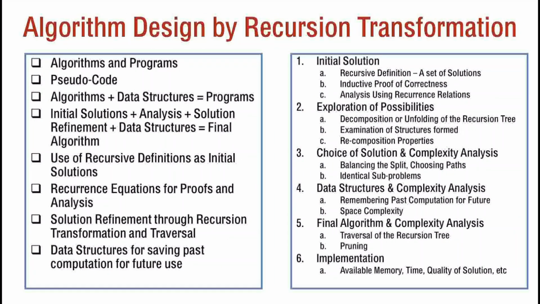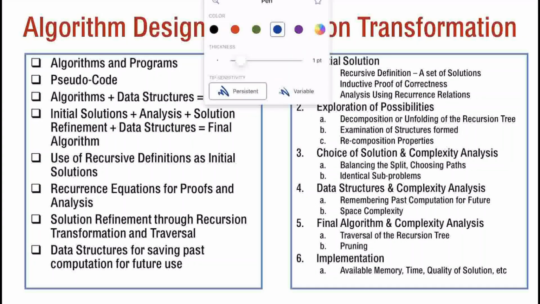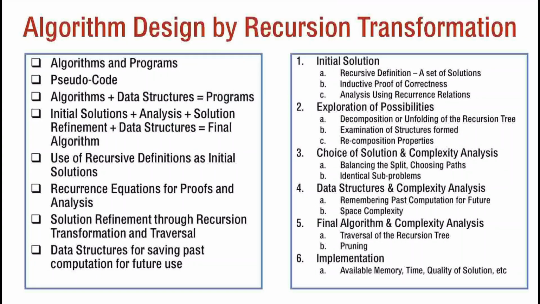In our algorithm approach of these 6 steps on the right side, we have the initial solution as a recursive definition, then we explored the possibilities. Here is where we are currently working: we are going to make a choice.